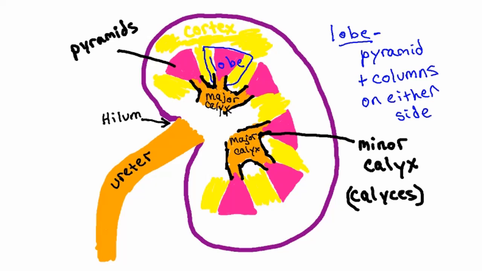And then those major calyxes join together in a larger tube, and that is called the renal pelvis.